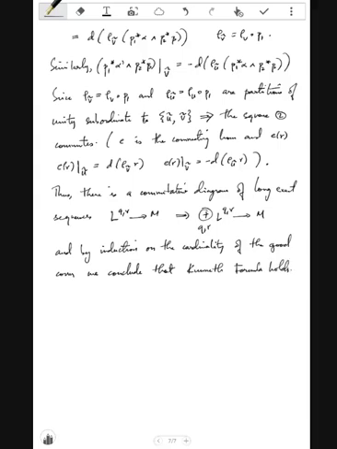So this completes the proof of the Künneth formula, and we will end here.